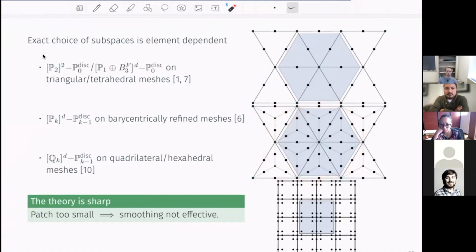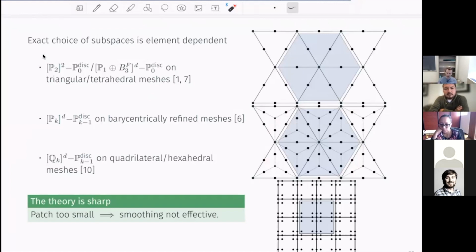This has really nice theoretical properties, because you can show that the divergence constraint is satisfied exactly. All the error bounds are independent of the Reynolds number. It ticks all the theory boxes, but practically I would never recommend this, because on each patch you suddenly solve a 1,000 by 1,000 system, which is very expensive.